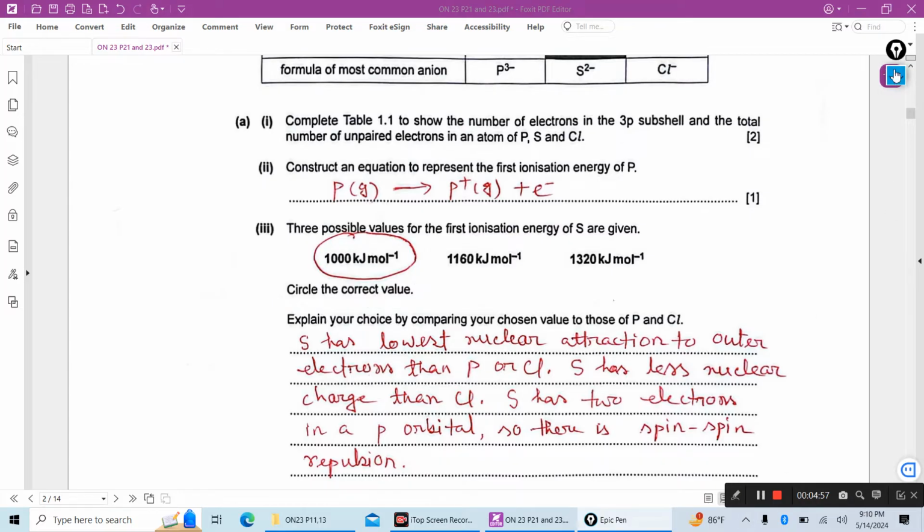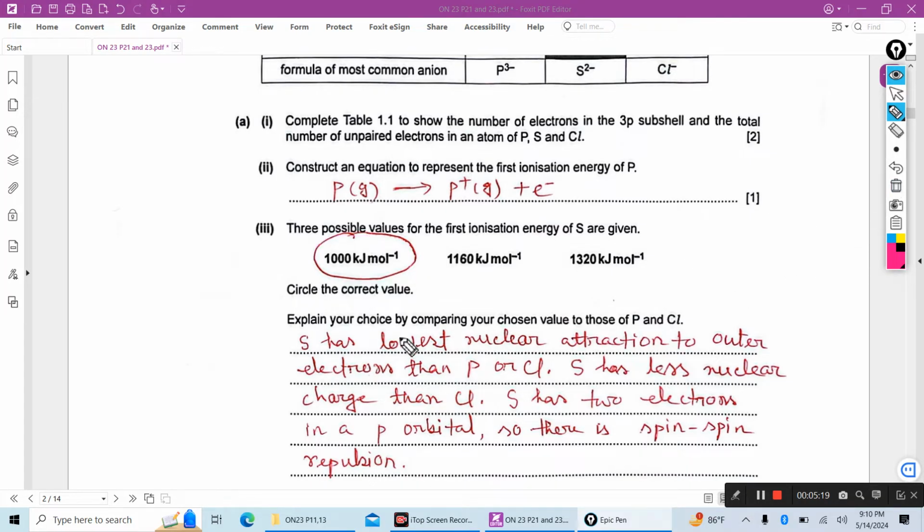So of the three possible values, circle the correct value. The possible first ionization energy of sulfur will be this 1000. And why? You see, explain your choice by comparing your chosen value with those of phosphorus and chlorine.